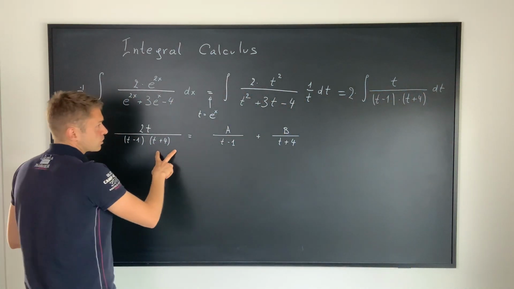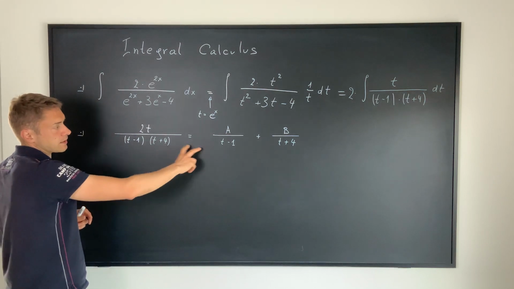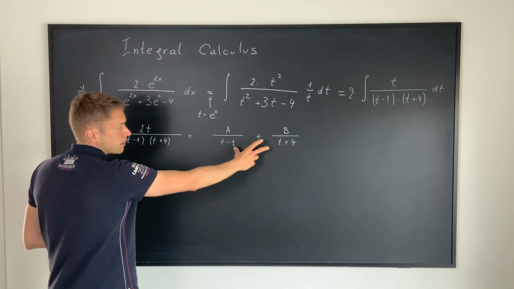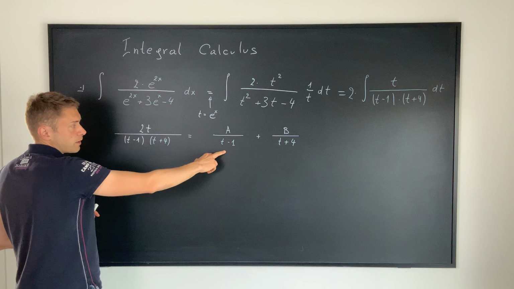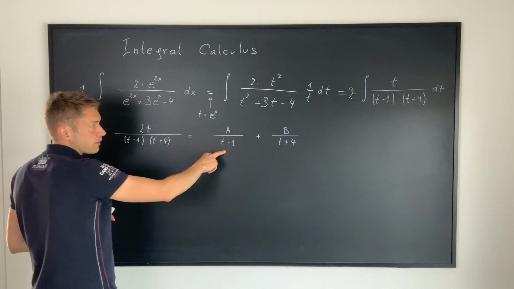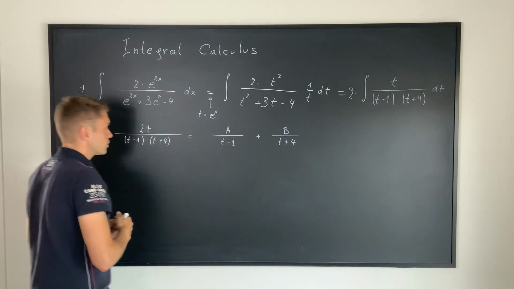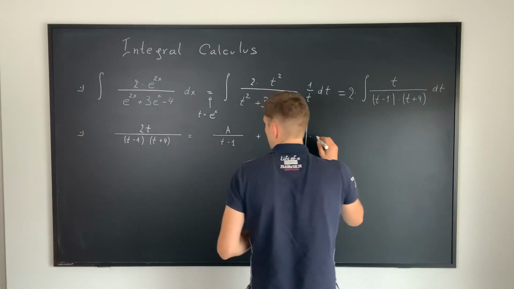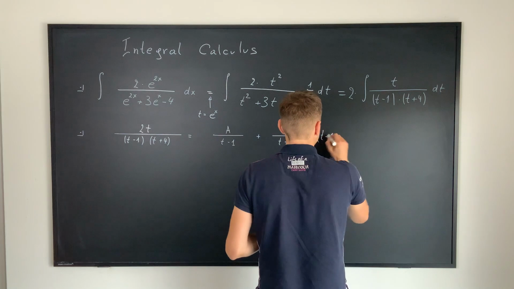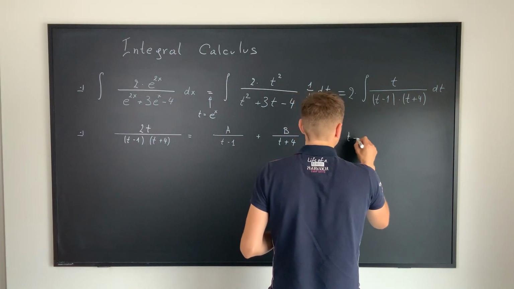So we have the expression from the integral, and we say that this is equal to this sum of two fractions. In the first place, we multiply both sides of the equation with the denominator, which is t minus 1 times t plus 4.